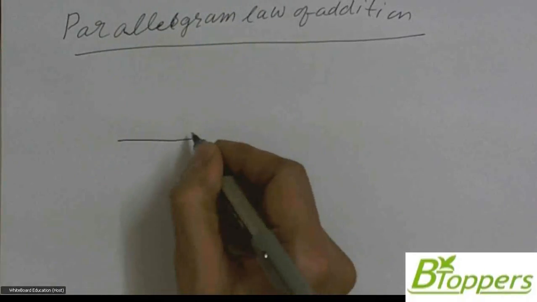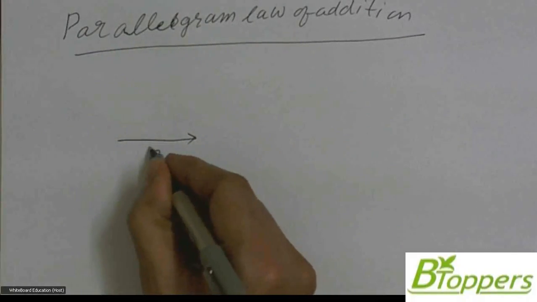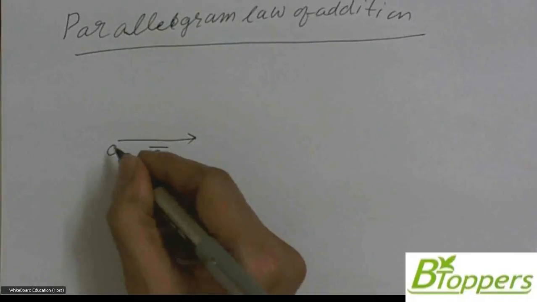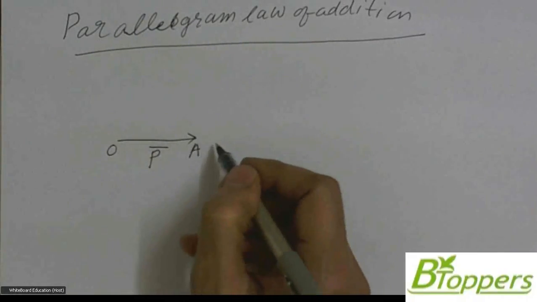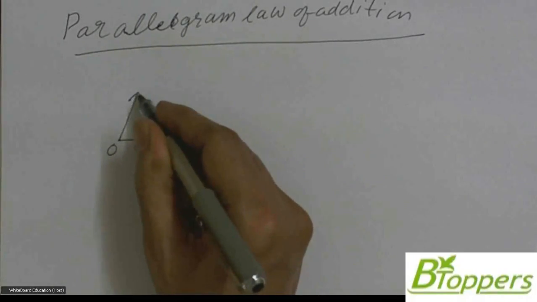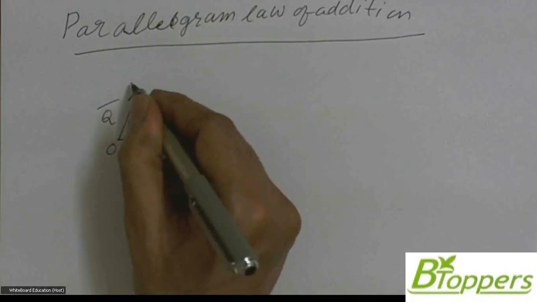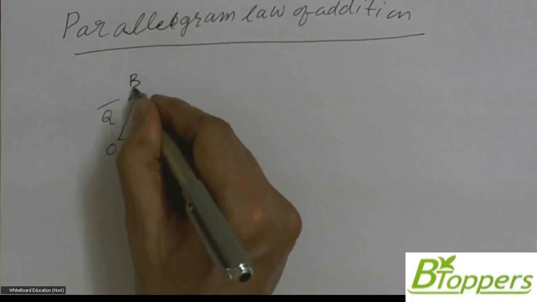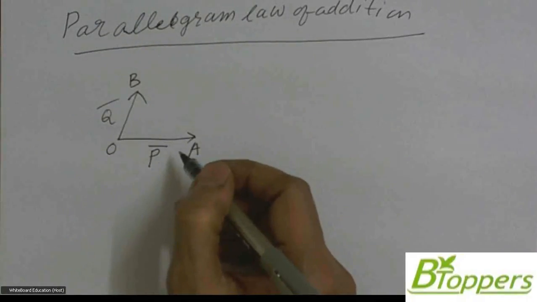Let us suppose a vector p bar is represented graphically by the directed line segment OA bar, and another vector q bar is graphically represented by the directed line segment OB bar.